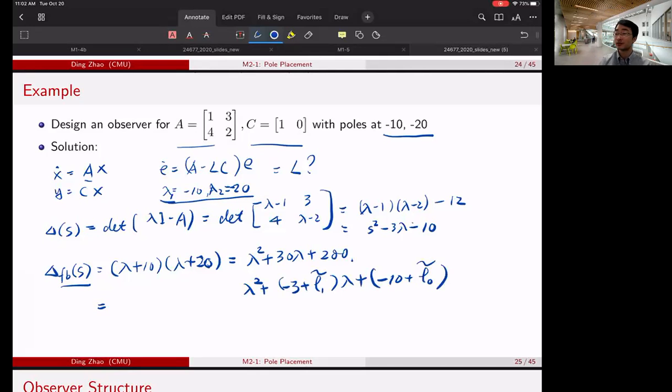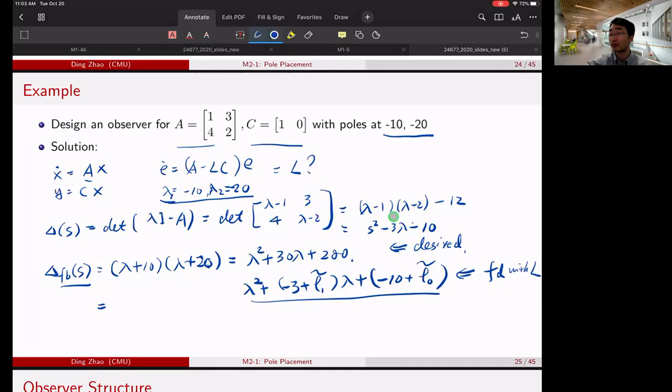So this is our desired polynomial, and this is our feedback polynomial with L.